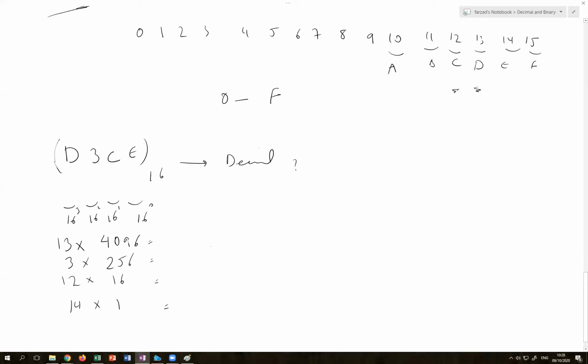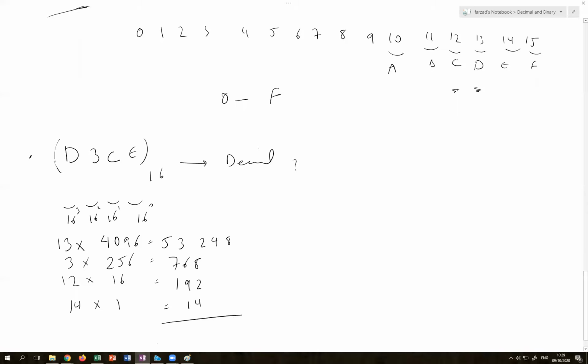So if you actually get this number, 13 times 4096, sorry, 13 times 4096 is 53,248. 3 times 256 is 768. 12 times 16, just simple calculations, is 192, and I have 14.